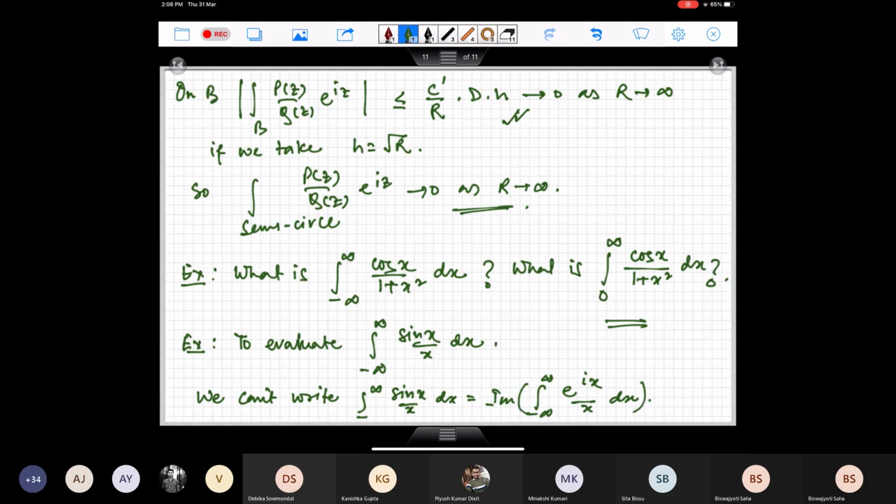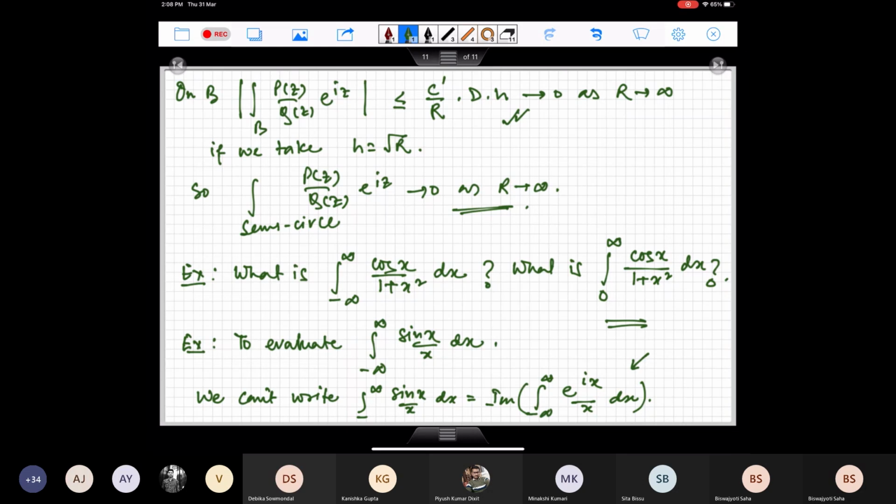Okay. The point being, of course, it's the imaginary part. The imaginary part of e^{ix} is sin x. So you might think, okay, that is the case. But you see, this integral does not make sense, because here the numerator is, let's say, bounded, and at x equal to 0, this does not vanish.